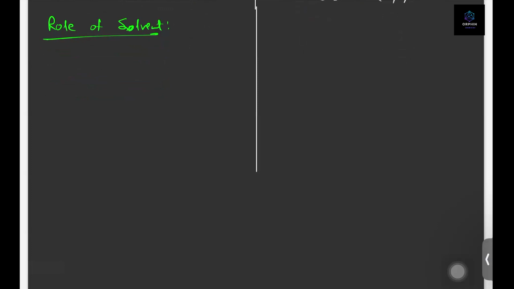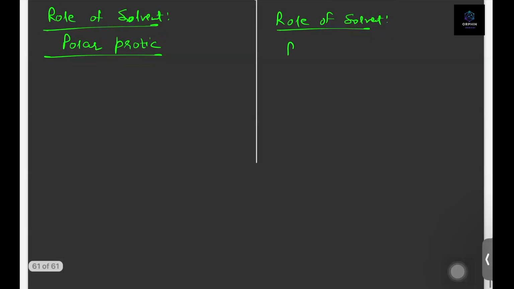In the case of SN1, polar protic solvents are preferred. And in the role of solvent, if we talk about SN2, then the solvent is polar aprotic. What are polar protic solvents?